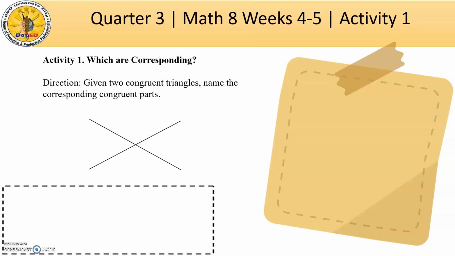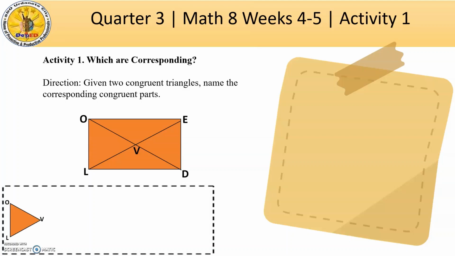For number 2, the two triangles are formed by the intersection of the diagonals of the rectangle. So we have the two triangles here, and positioning them through turns results in this.